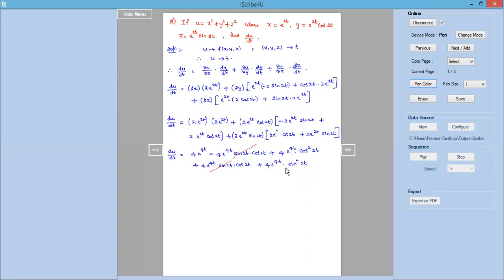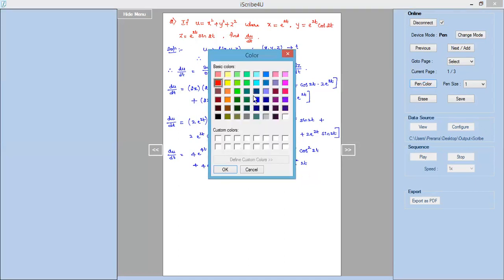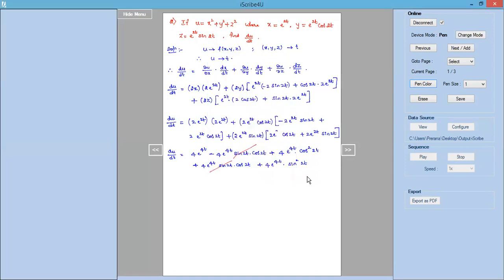And in the third term and the fifth term here, we have common 4 e power 4t. We take out 4 e power 4t common and we remain with cos square 2t plus sin square 2t. It is of the form cos square theta plus sin square theta, which is equal to 1. So we will further simplify in that way.